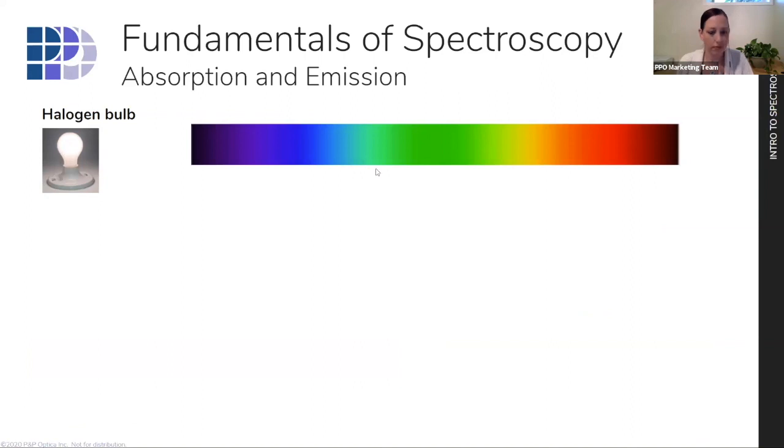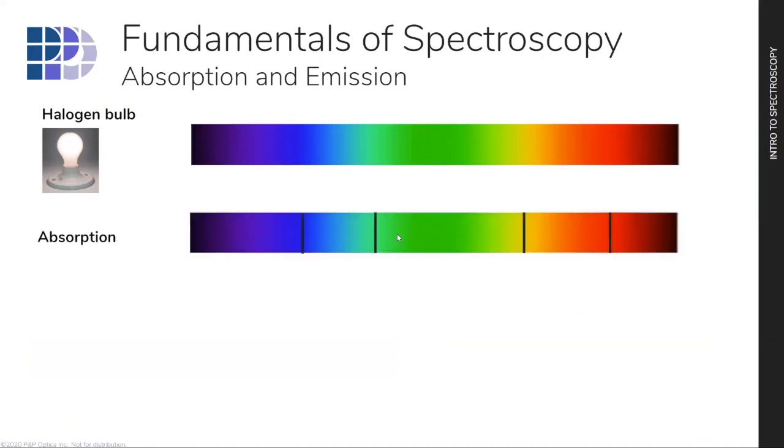Here you have a halogen beam, and as I mentioned, you have the blue to red region of the spectrum, and beyond you have the infrared region and the ultraviolet rays. Here is an element where you can see there are suddenly some dark lines, and these dark bands indicate that there is some absorption happening at those specific wavelengths.